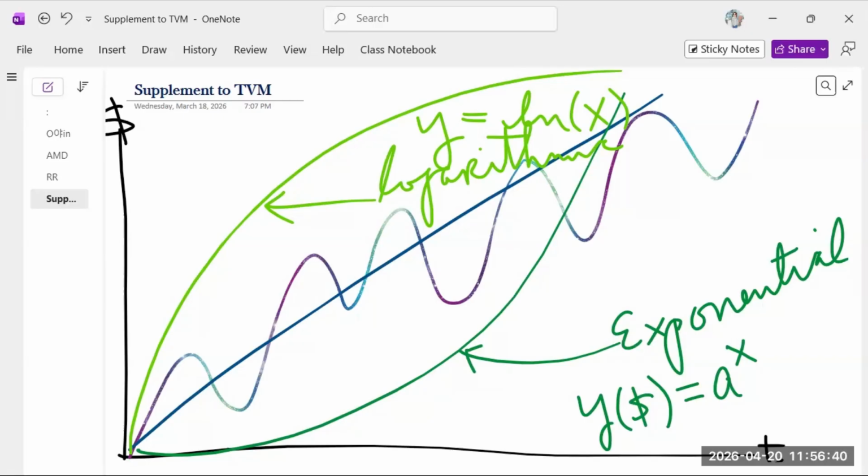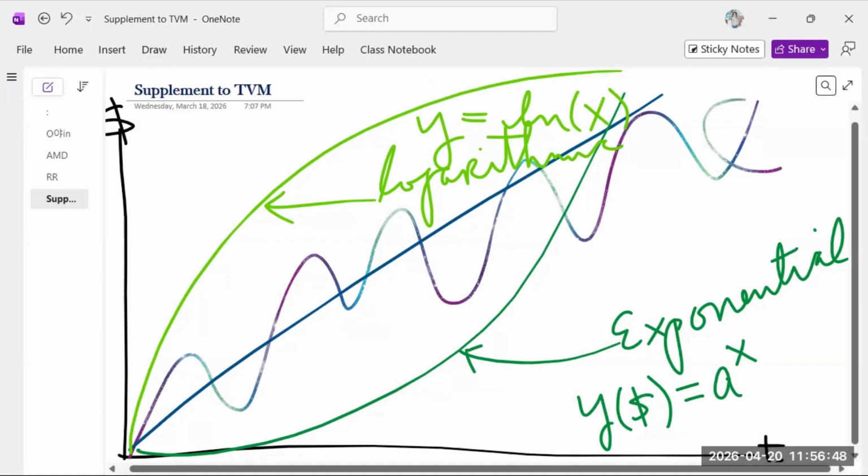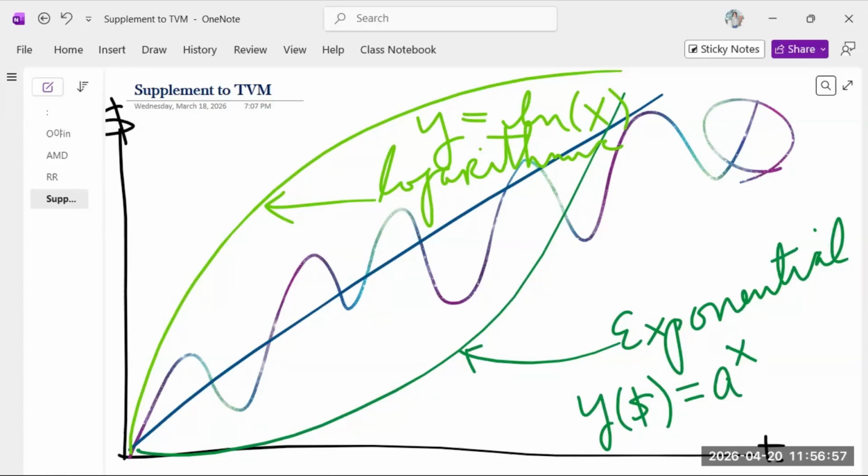In reality it would be more like this, and we approximate that irregular pattern as some regular pattern that is easily identifiable.